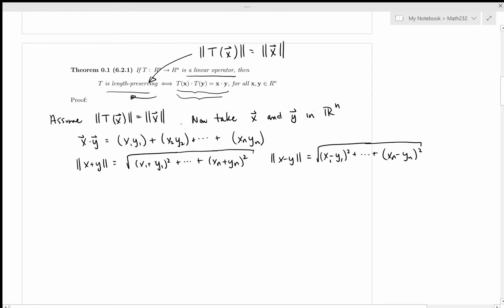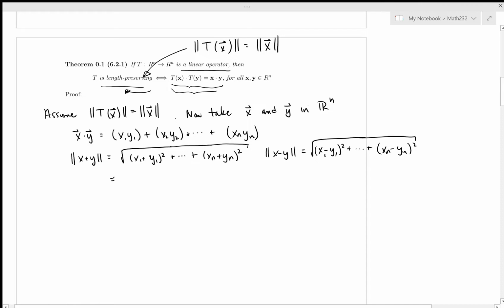Now, this one here is the square root of (x plus y) dot (x plus y).